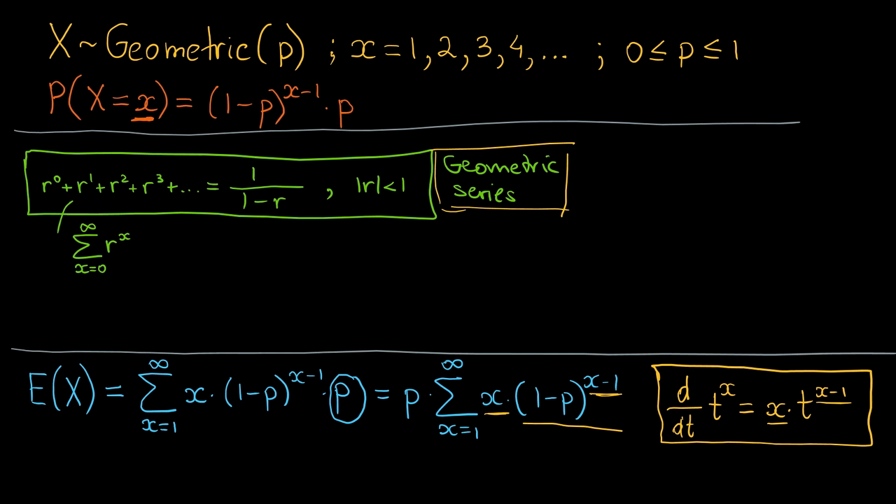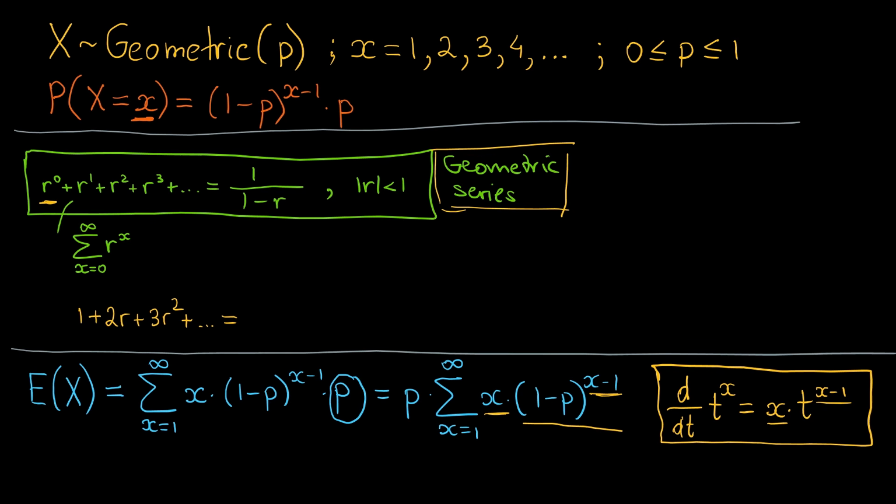So the derivative of the left side will give us the derivative of r to the 0, which is the derivative of 1, which is just 0, so we don't need to write that. The derivative of r is 1, plus the derivative of r squared is 2r, plus the derivative of r cubed is 3r squared, and so on and so forth.